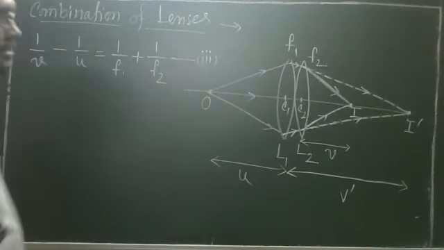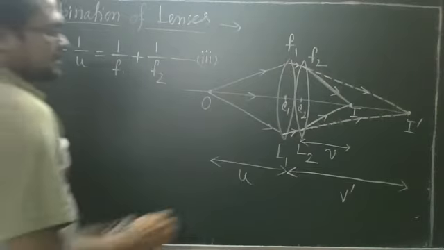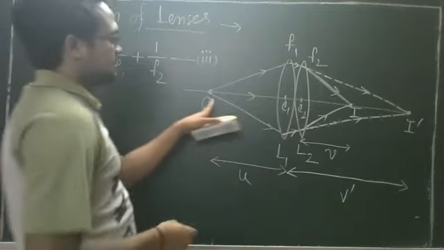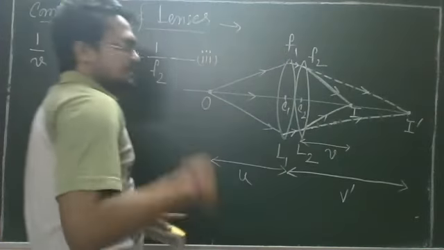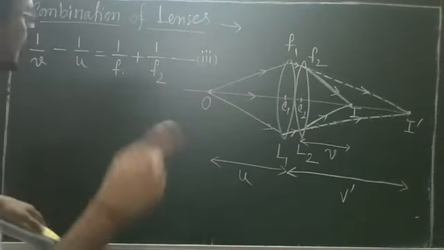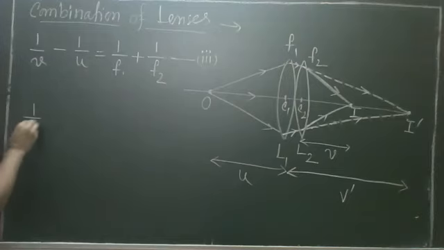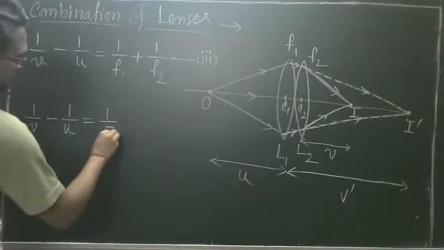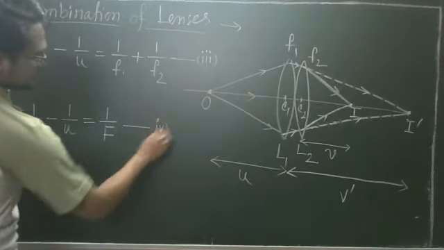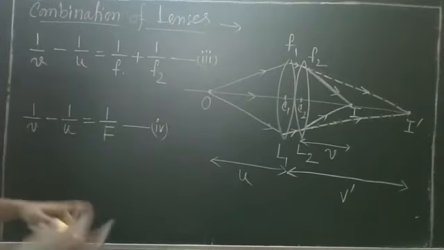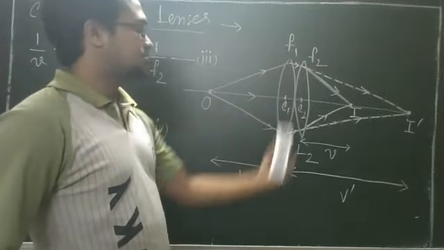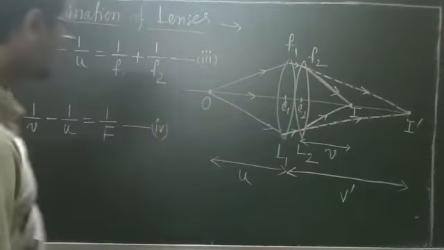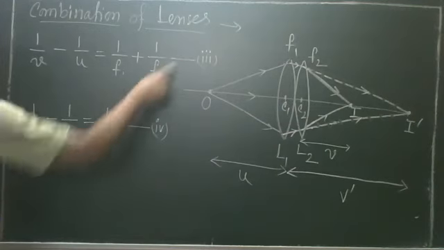Clear? Now, if in place of these two lenses we put a single lens such that for this object we get the image here, and suppose the focal length of that lens is capital F, then we can write 1 by v minus 1 by u equals 1 by F. This is equation 4.